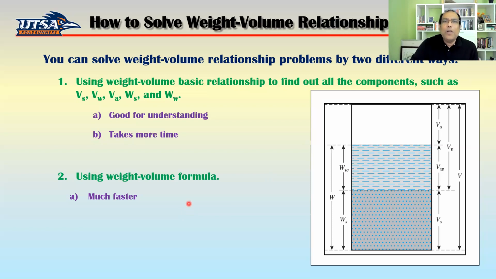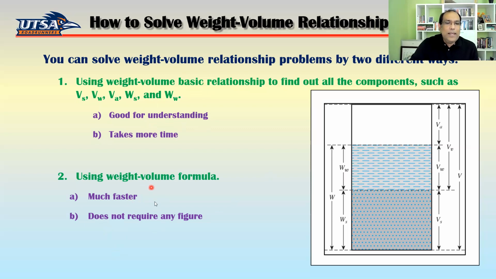Okay, so I'm going to show you both methods, how you can do this one, this method, and how you can do the same problem using the formula. Now this one, as I said, doesn't require any figure, so it would be much faster. This one is slower, that one is faster, but this one is good for basic understanding.